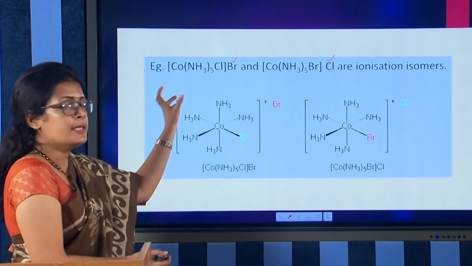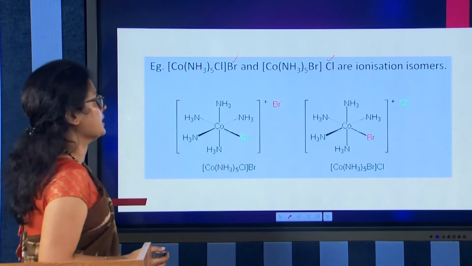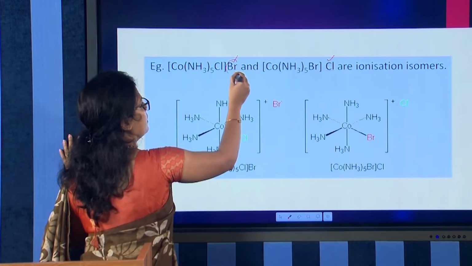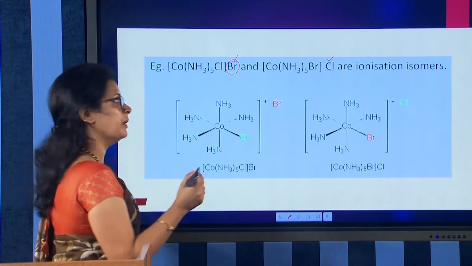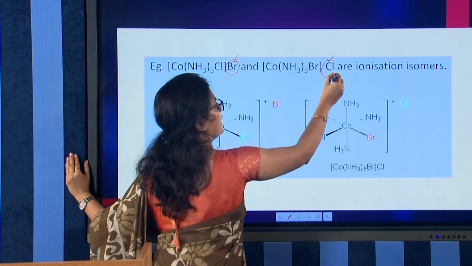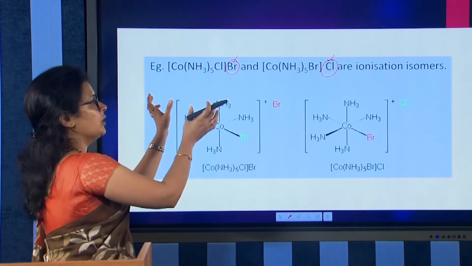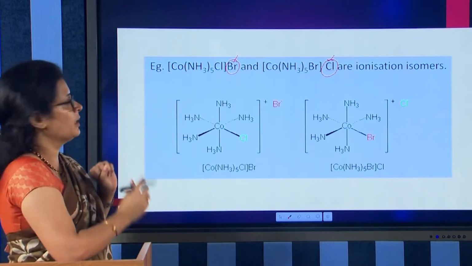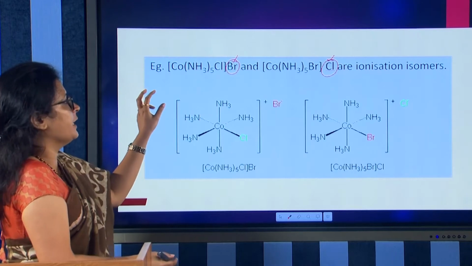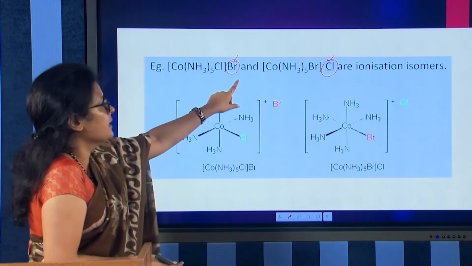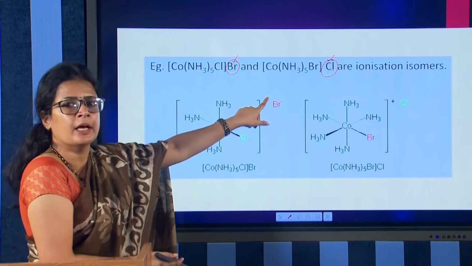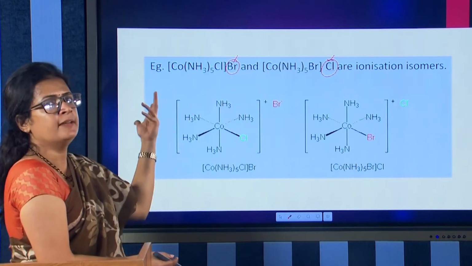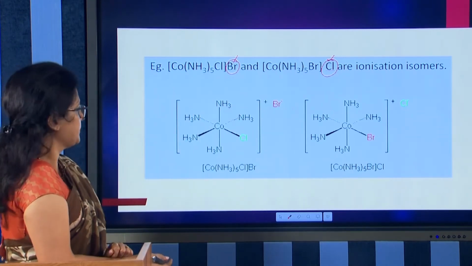When we ionize these complexes, in this case we will get the bromide ion, that is Br minus, and in this case we will get the chloride ion. But when we look at the formula, it is the same: [Co(NH3)5Cl]Br and again [Co(NH3)5Br]Cl. Same formula but different arrangement of ligands.